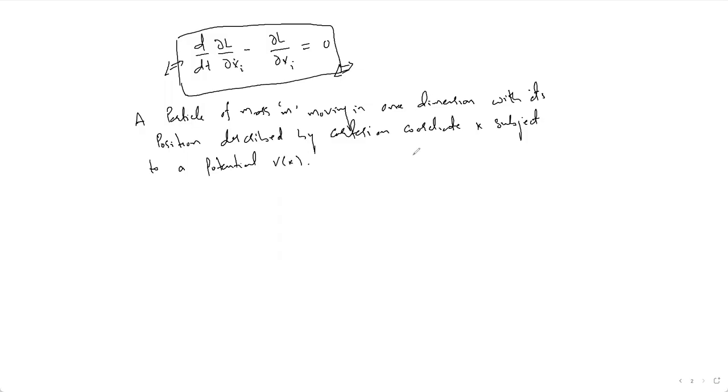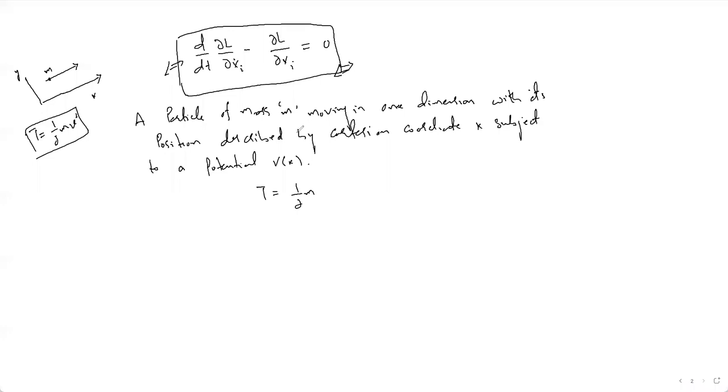If a particle is moving along the x direction of the Cartesian coordinates x and y, and it has mass m, you can easily find its kinetic energy. The classical kinetic energy is 1 by 2 m v square.